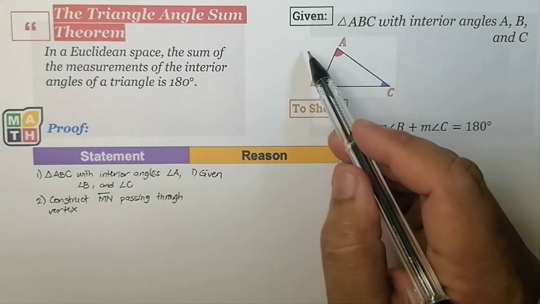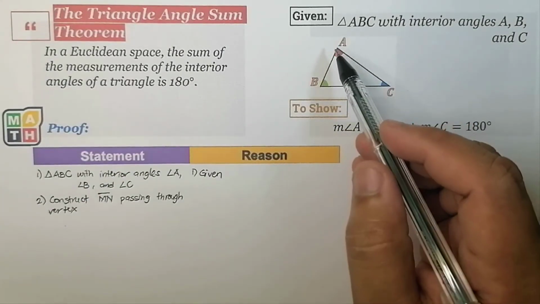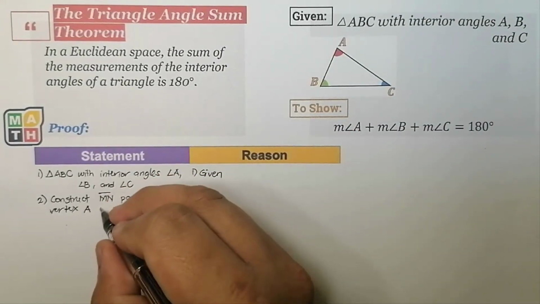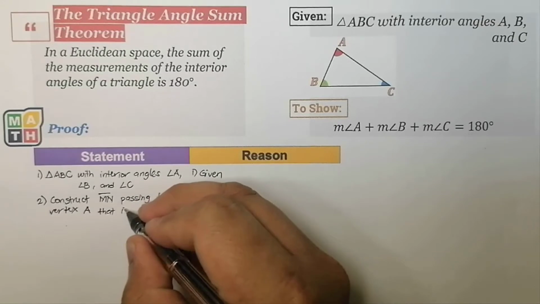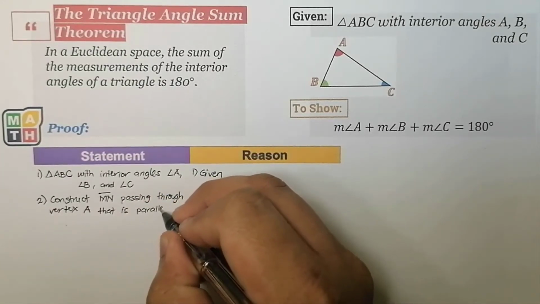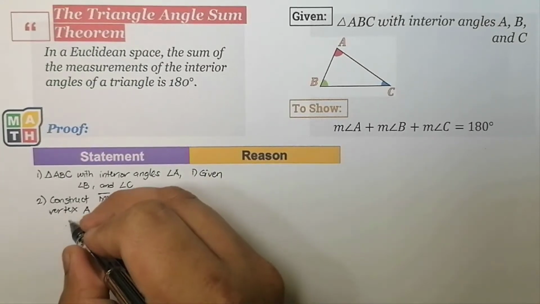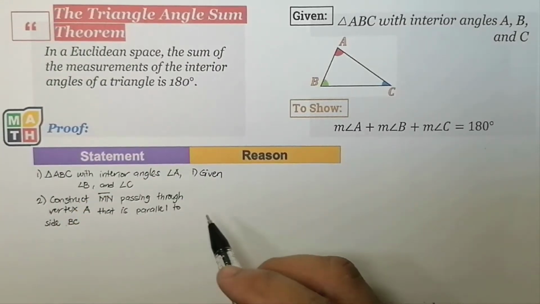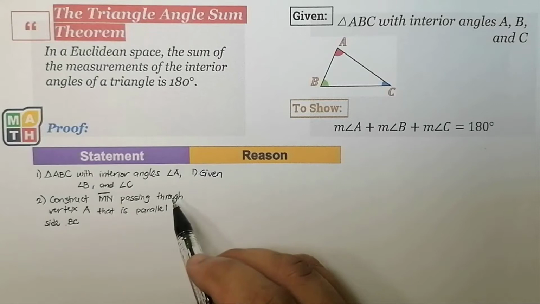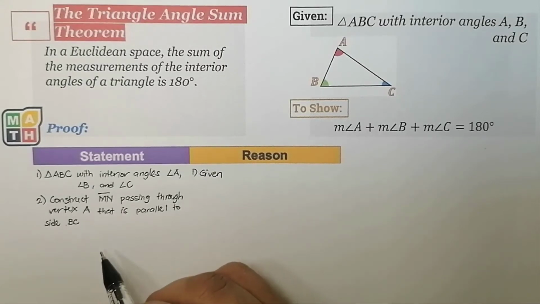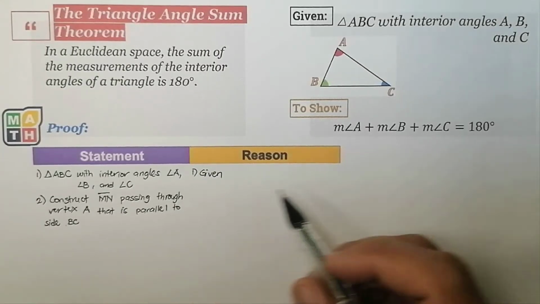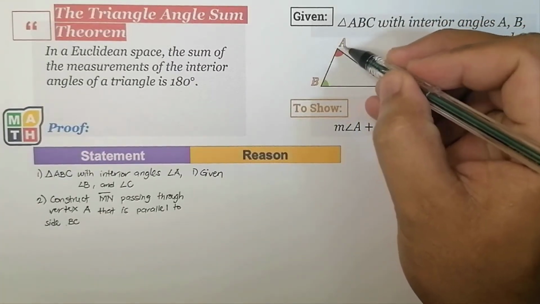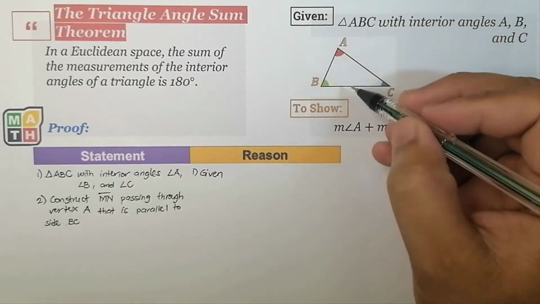In short, we're going to construct a line segment MN passing through this vertex, again vertex A, that is parallel to side BC. Again, I'm going to construct a line segment MN passing through vertex A that is parallel to side BC. In short, I'm going to draw a line segment covering the vertex A that is also parallel to side BC.